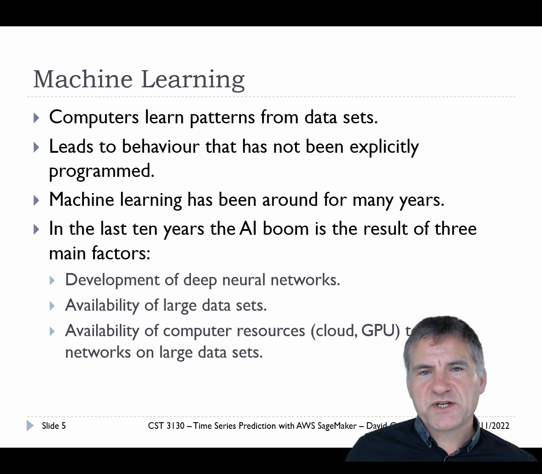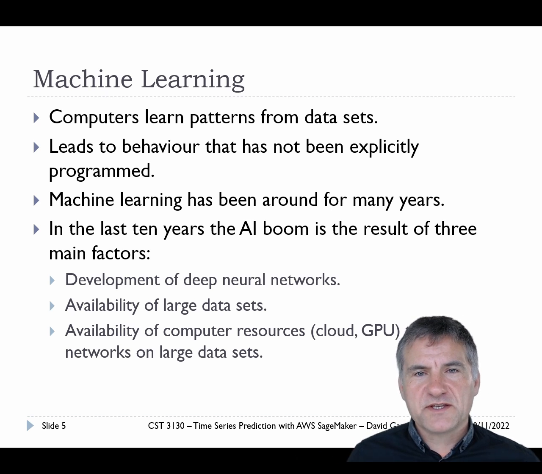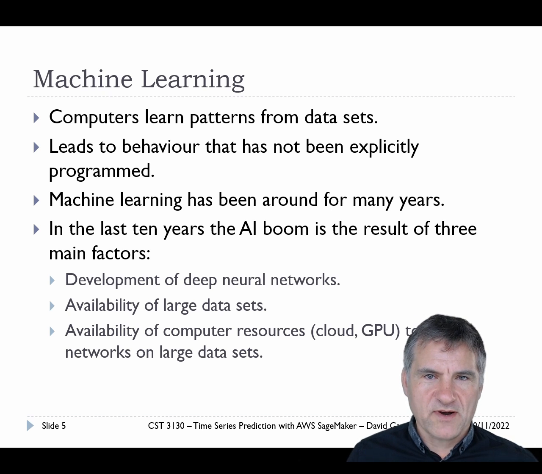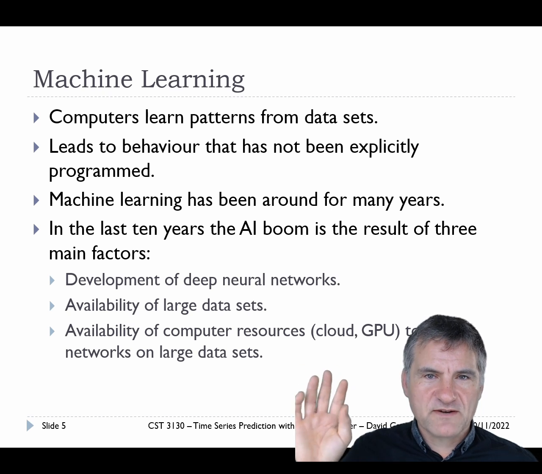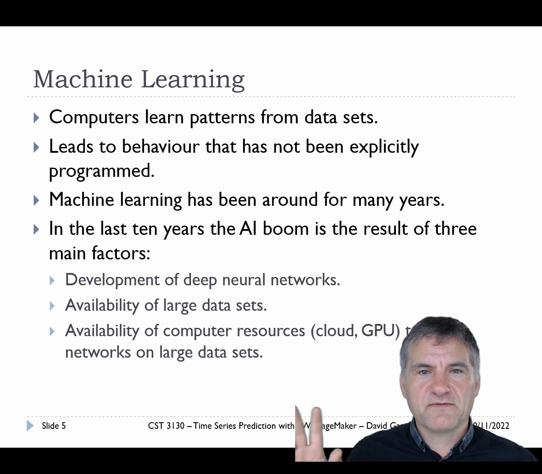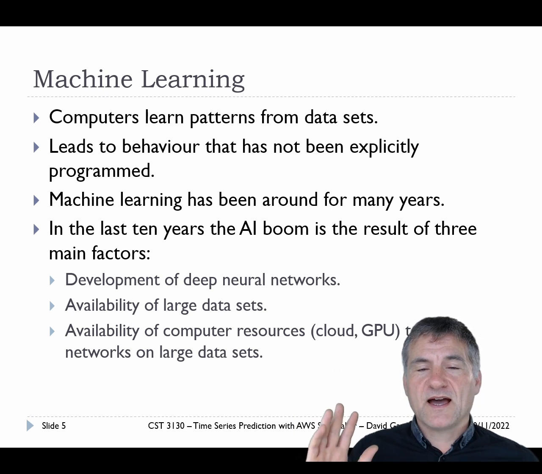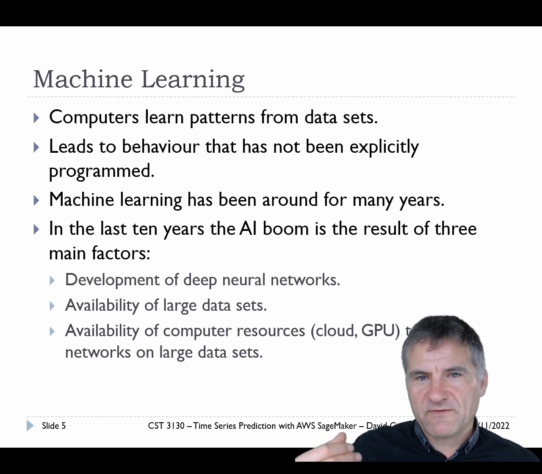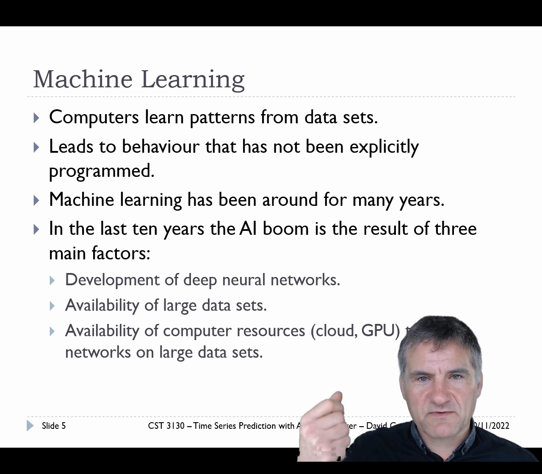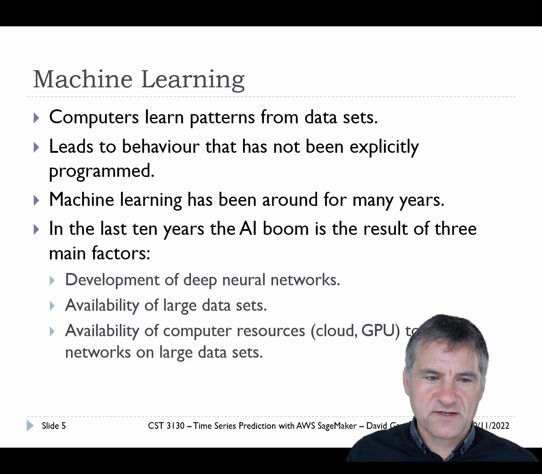So the advantage of machine learning is we can use it to generate behavior that's not been explicitly programmed. Yeah, we could, in theory, write some code that would do face recognition for every possible face of the 7 billion people on the planet, but obviously that would take an enormously long time. So it's much easier if we can figure out a way in which you can train a computer to recognize faces by exposing it to lots of different pieces of data.